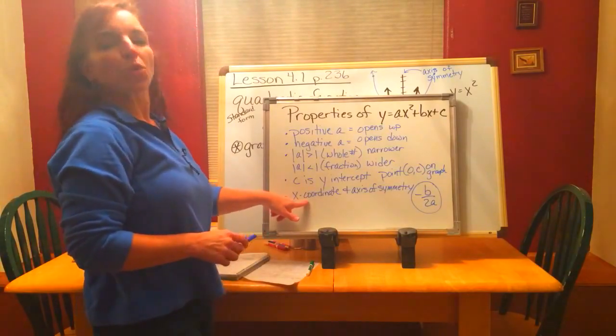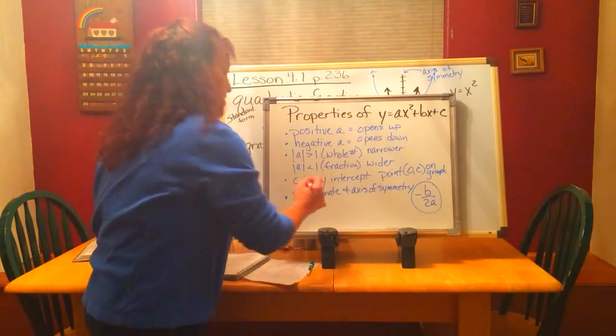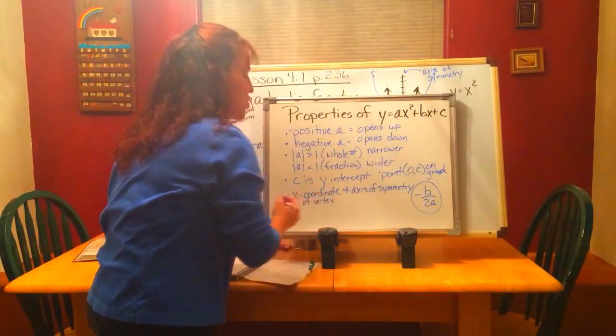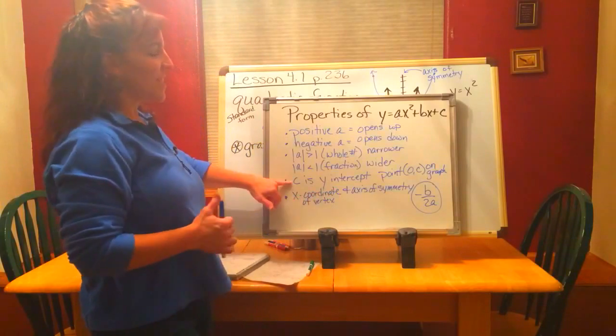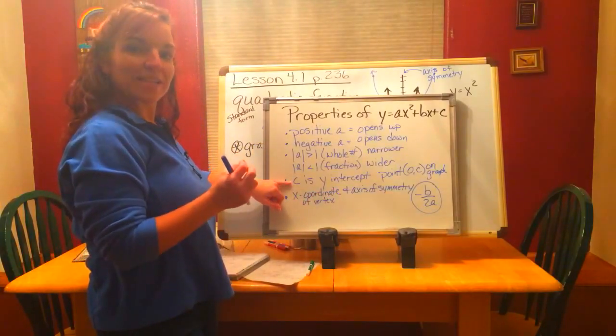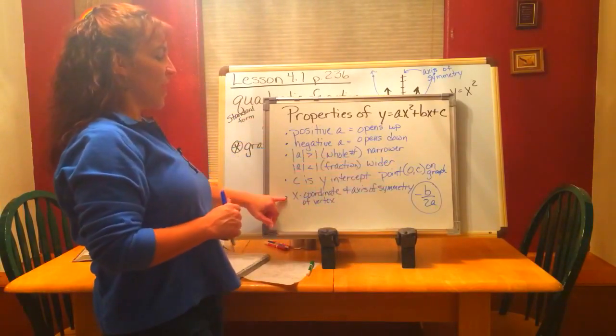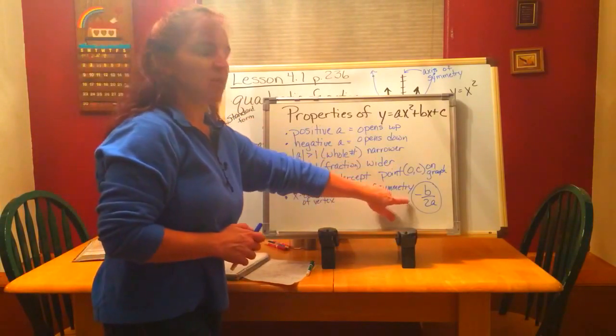So this is the x-coordinate of your vertex. I just told you that the C is not necessarily always where your vertex is. It is a point on the graph. The x-coordinate is going to be found with this formula.